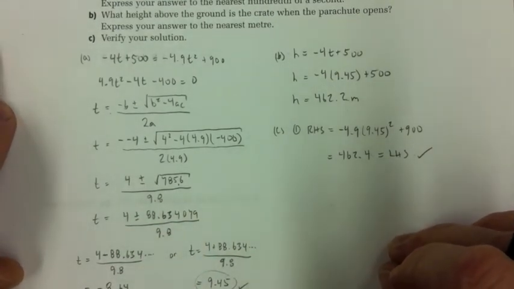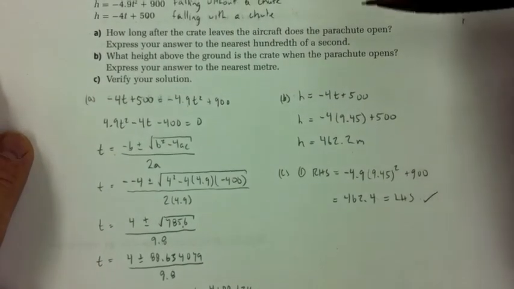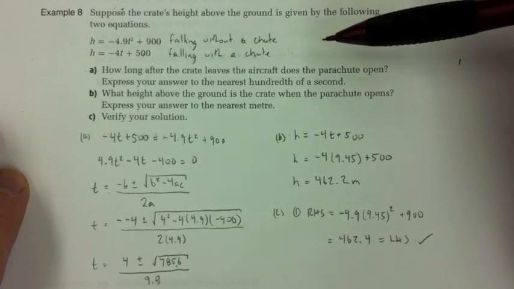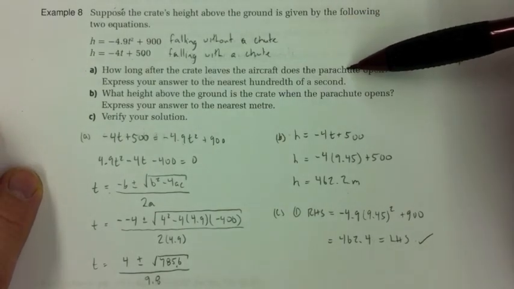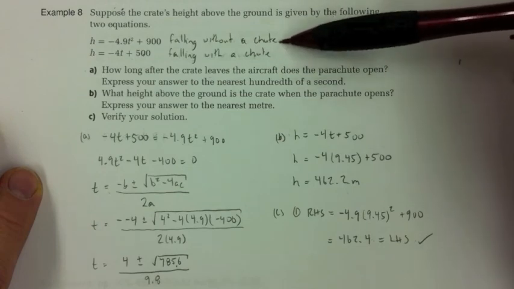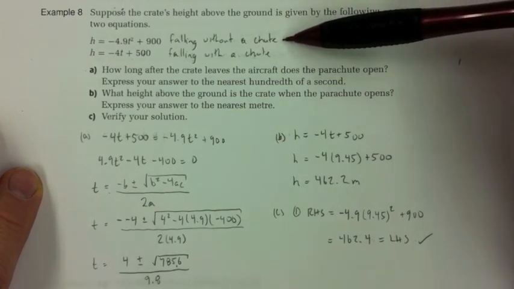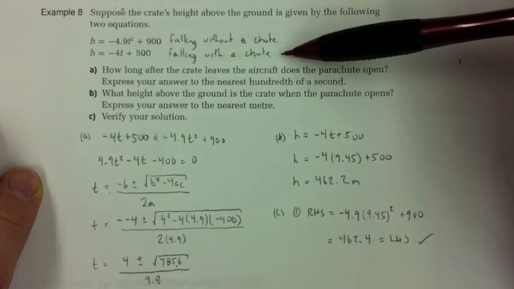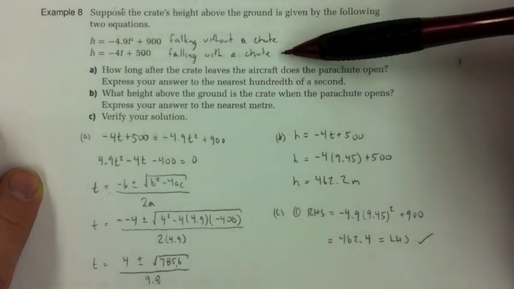Alright, so let's review. What did we do here? We had to figure out how long after the crate leaves the aircraft does the parachute open. So we figured out the point of intersection of the equation for the crate falling without a chute and falling with a chute. That tells us when the parachute opens.